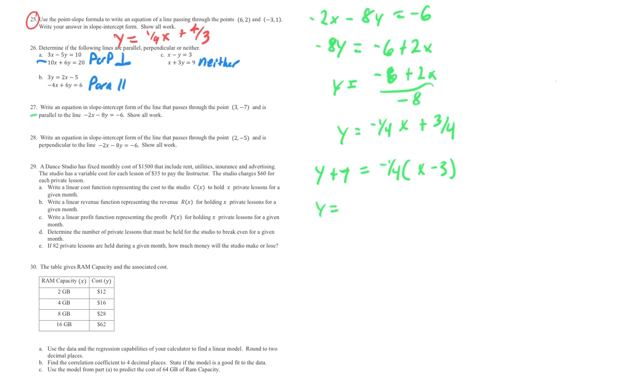Subtract 7 from this side and distribute. So we get -1/4 x plus 3/4 minus 7, which then should simplify to -1/4 x minus 25/4.